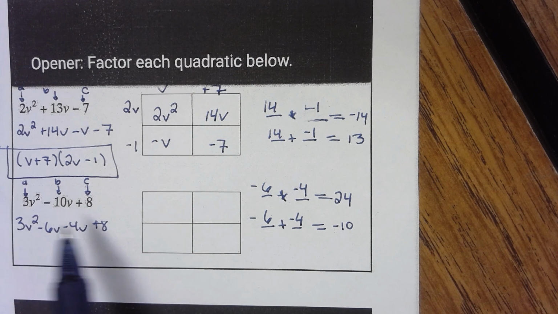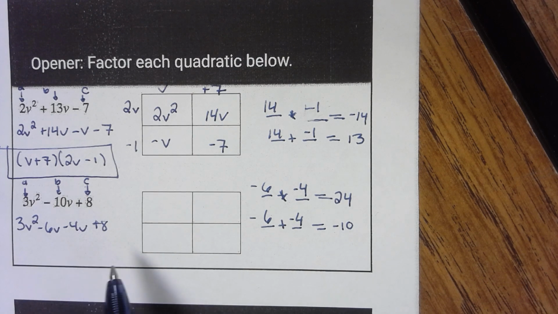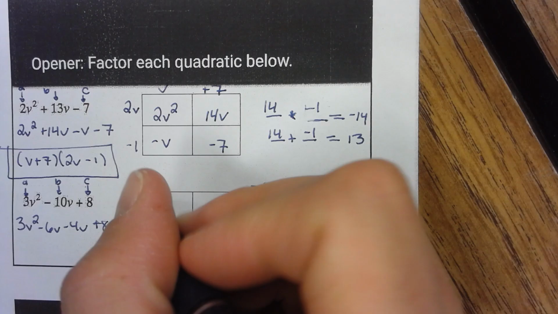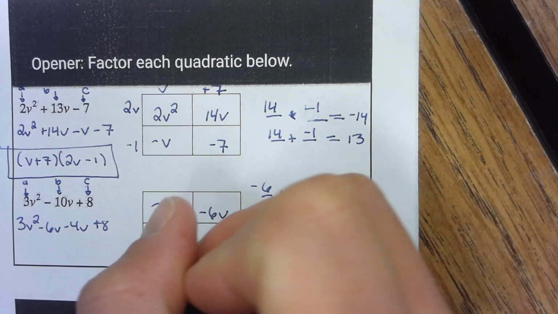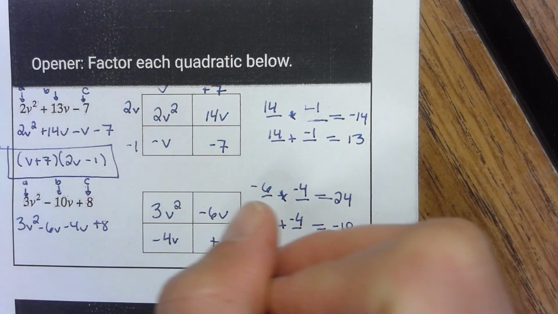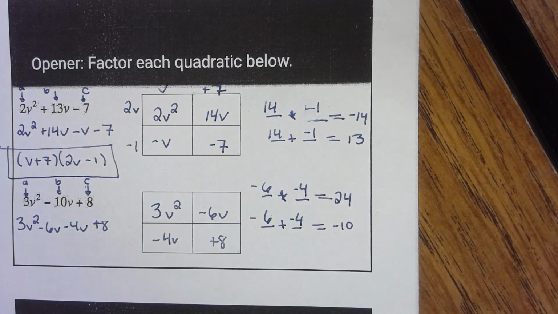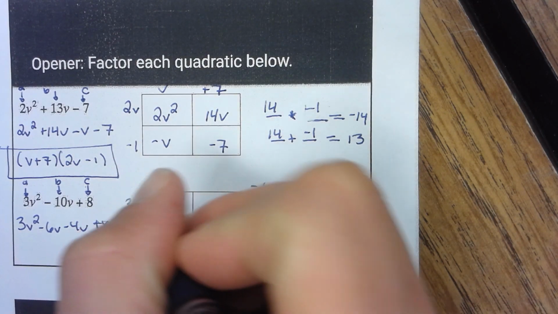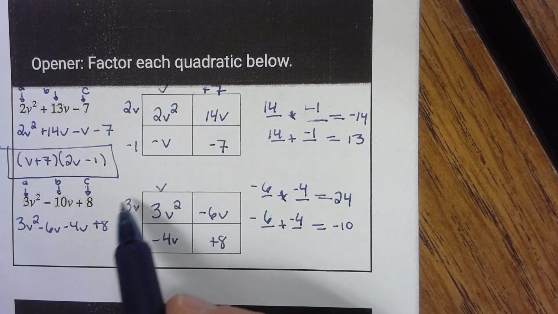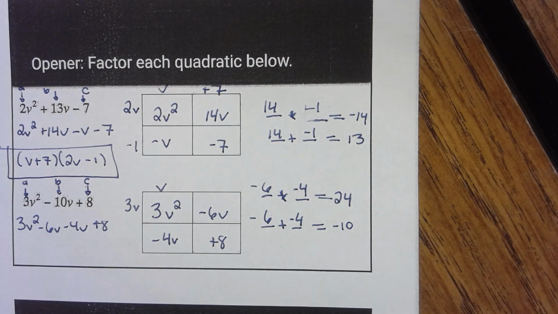All right, so now I have 4 terms, one for each place inside the box: 3V squared minus 6V minus 4V plus 8. When I'm thinking about how to multiply to get 3V squared, once again, there's only one way to do that, by doing a 3V and a V. I'm going to put 3V on the side so that it can multiply to give me negative 6V.